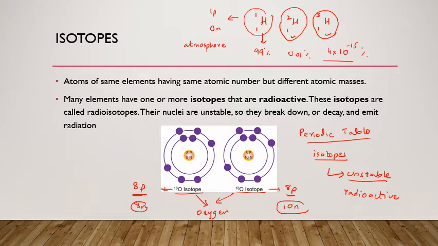What is this supposed to mean? This means that the majority of the hydrogen in our atmosphere and on our planet comprises this isotope. It hardly comprises these two. That means these two are very unstable. They emit certain radiations, they are radioactive, and they decay or decompose to protium, that means this isotope, or any other element.